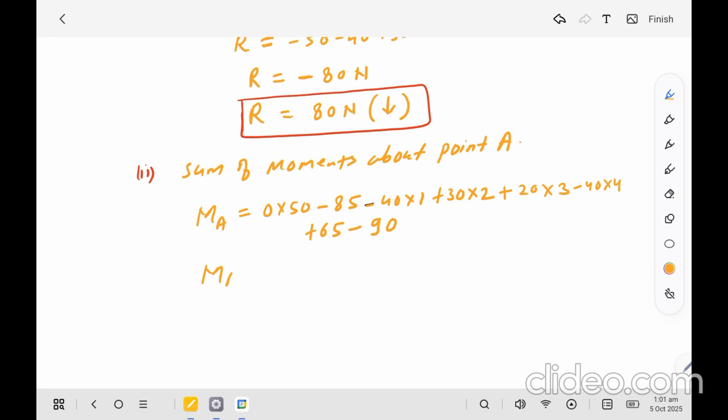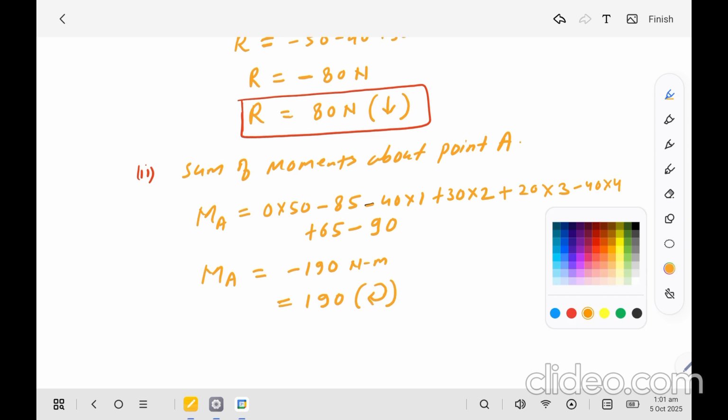Okay, so the sum of all these moments about point A is 190 Newton meter, or we can say minus 190, and negative means the direction is clockwise. Okay, so this is the value of MA.